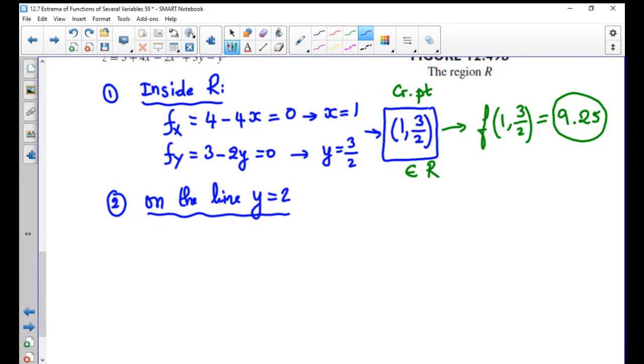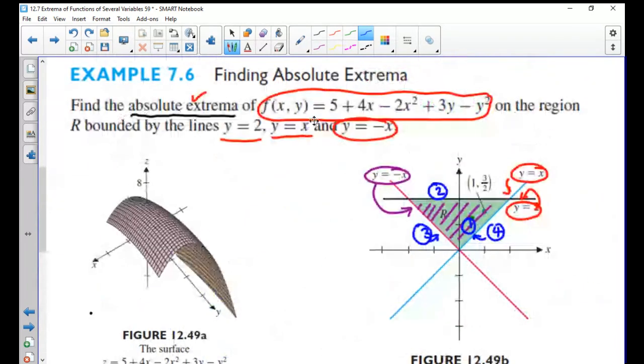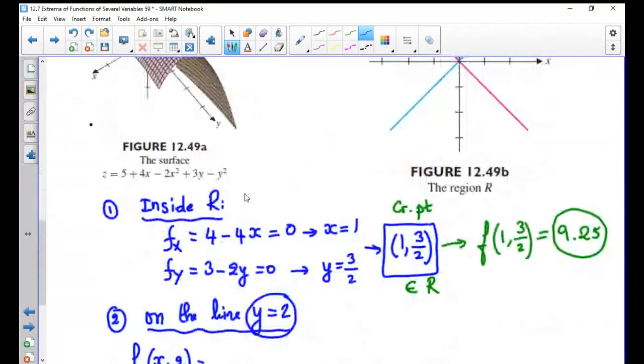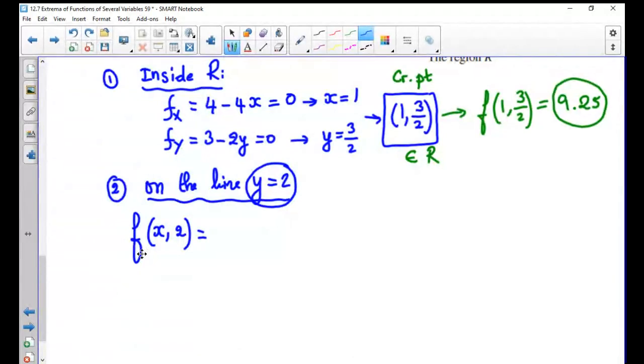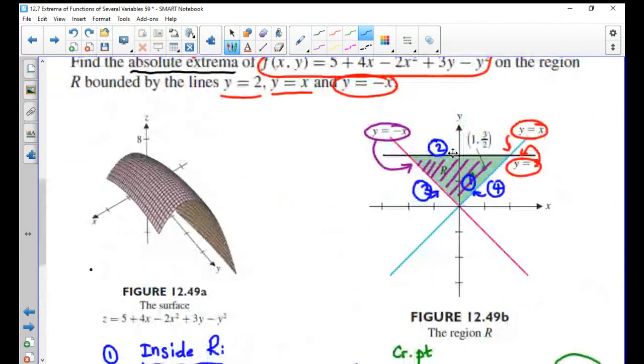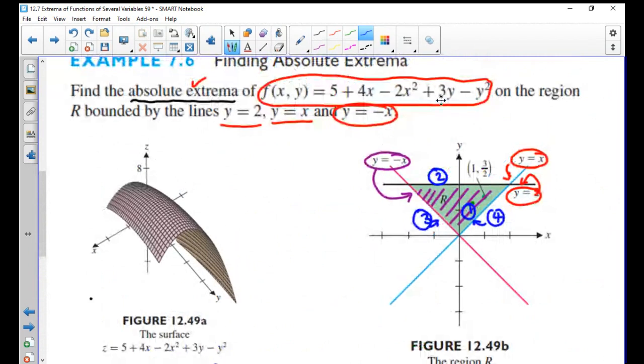So now, because y is equal to 2, we substitute in the function. So every y here, you put 2. So it will be 5 plus 4x minus 2x squared. Remember, y is equal to 2 on this line.